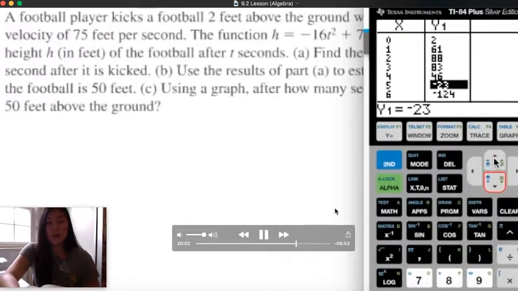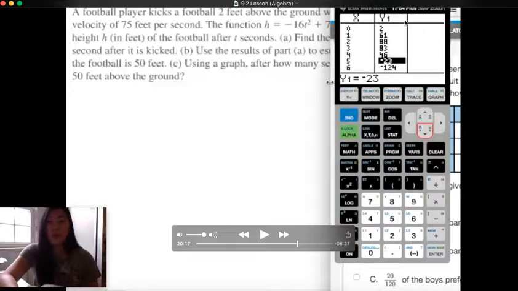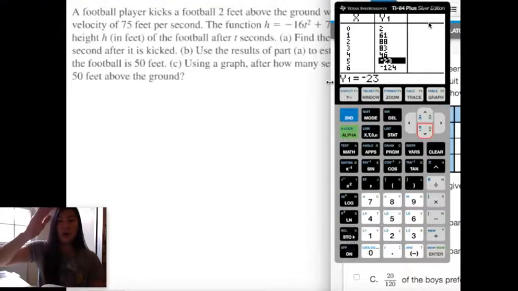That answers part A. For part B, we're going to go back to this table and look at the table values. As you can see, the Y values are the height of the football. So after it's kicked, it's going to go from 2 to 62 to 61 to 88. 88 seems to be the highest, and then it comes back down, 83, 46, and then to the ground.